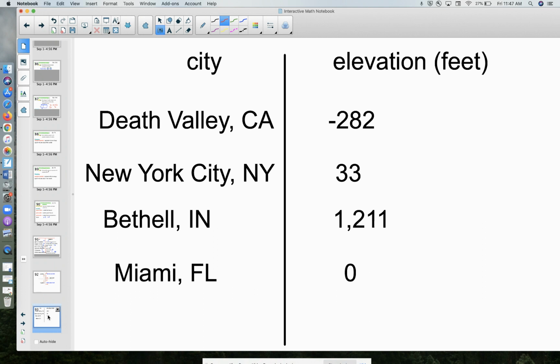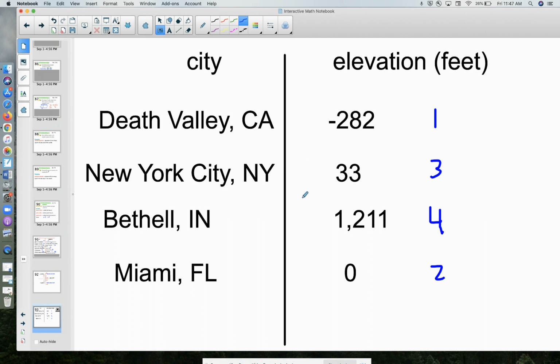Can you put these in order from least elevation to greatest? The least would be Death Valley, right? Miami would be second. What about third? How about fourth? Right, Bethel. So that'd be the highest.